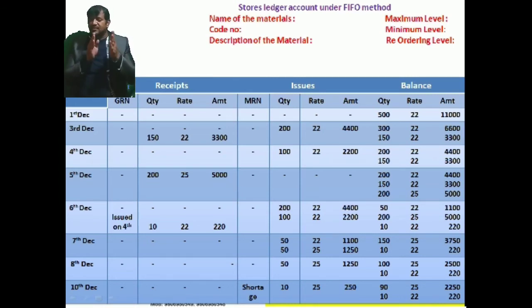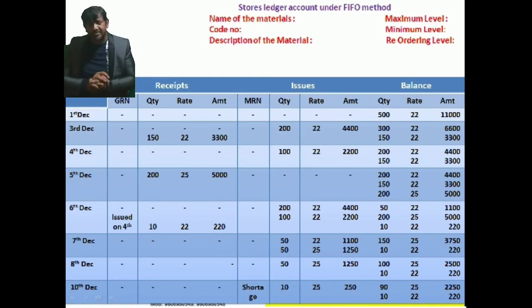So date, receipt, issues, and balance. So under receipts column, 4 sub columns, that is GRN, quantity, rate, amount. Under issues column, again there are 4 sub columns, MRN, quantity, rate, amount. Under balance column, separate 3 columns, that is quantity, rate, and amount.